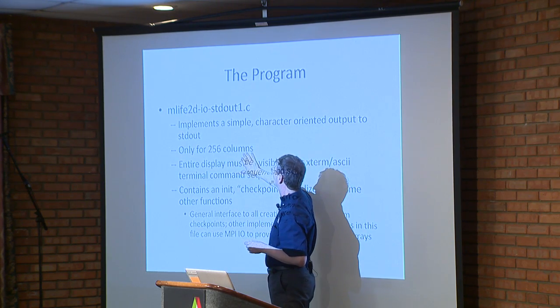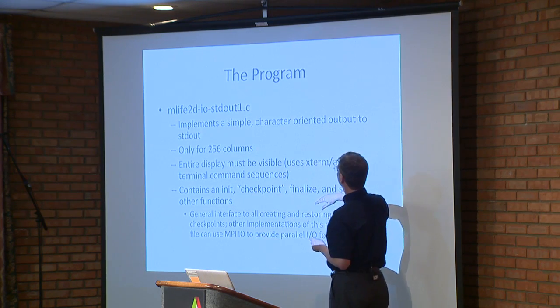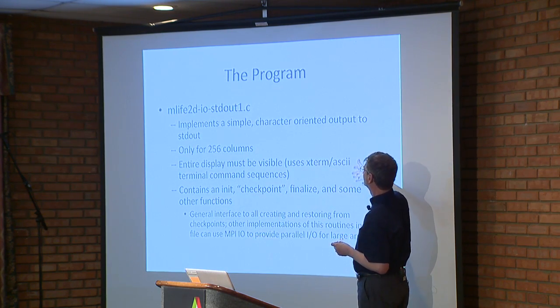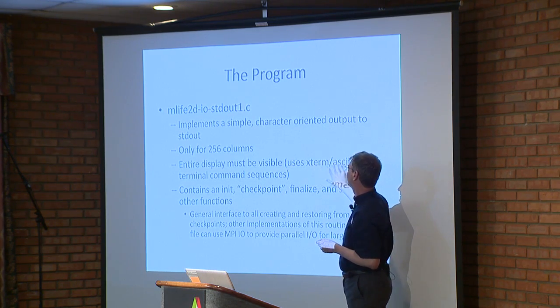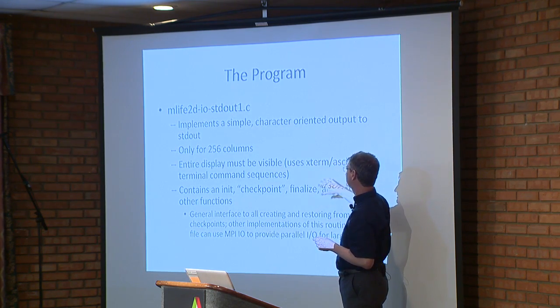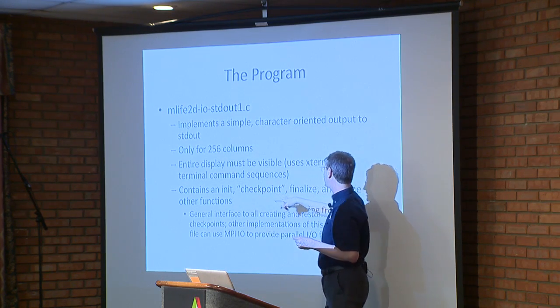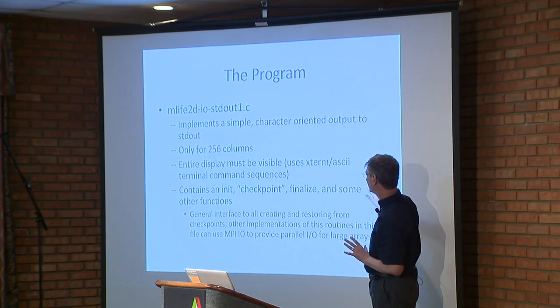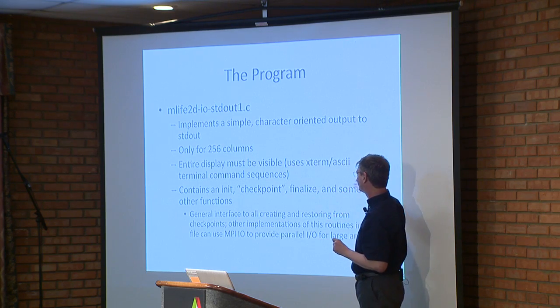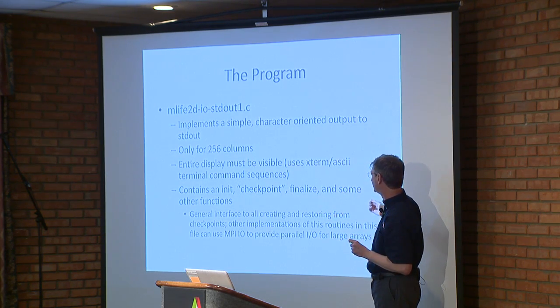It's a little limited in size. It just uses ASCII terminal command sequences, so you can use it in an xterm. It has an init, a checkpoint, a finalize, and a couple other functions to go along with it, like discovering whether or not you can read as well as write.